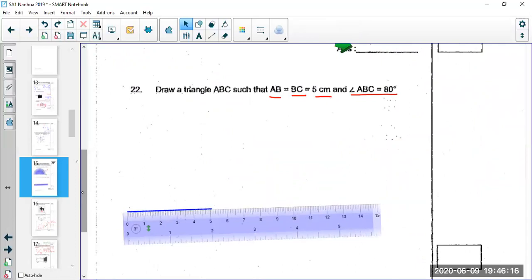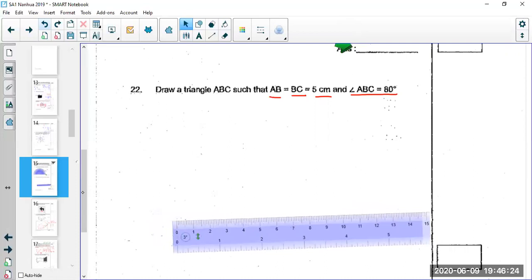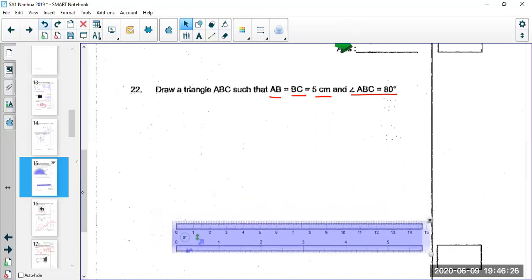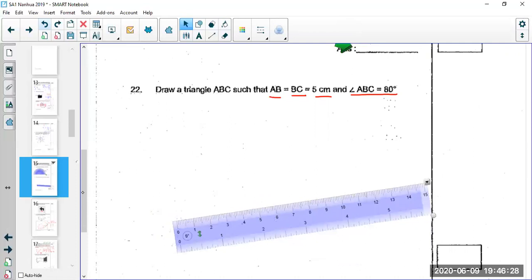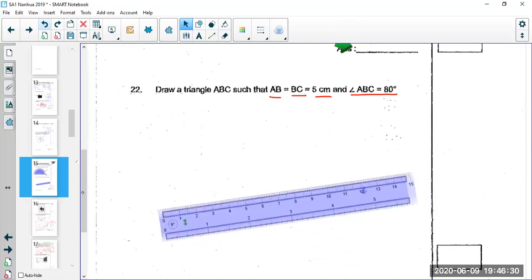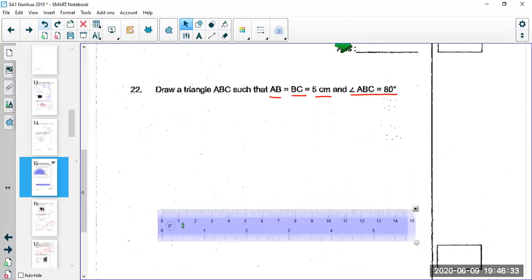But I think it's a bit too left already, so let's draw a bit in the middle. Let me adjust the ruler nicely. Okay, it looks better. All right, so from 0 to 5 cm.